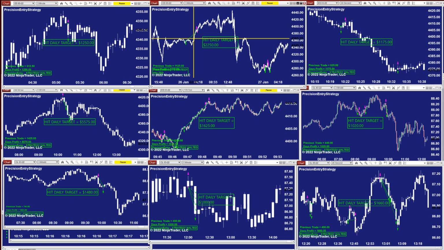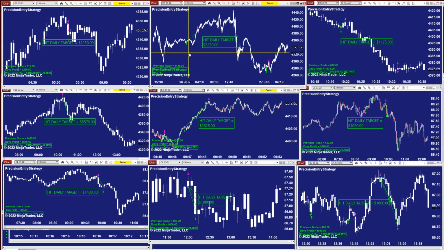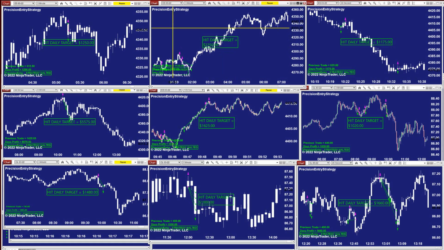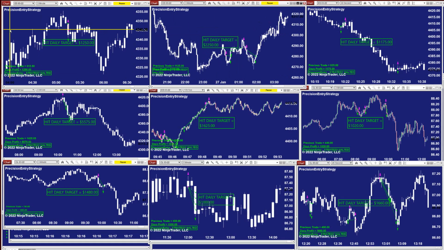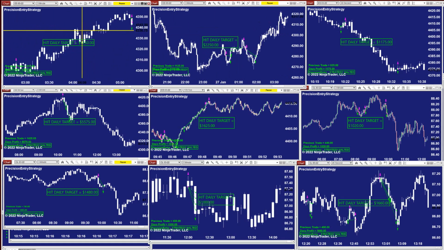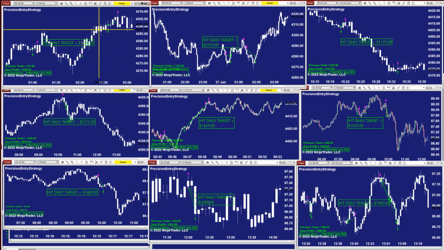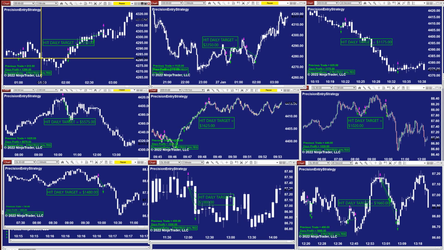So here is a 3 minute template, an old template, and this one here is the optimization. It was done, and you can see the difference in the trades. The entries in the trades are totally different, and you can see this one starts taking smaller trades because the condition has changed on the ES.